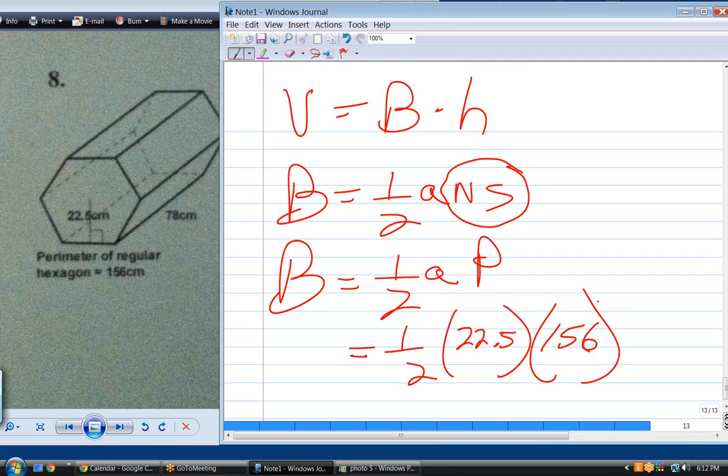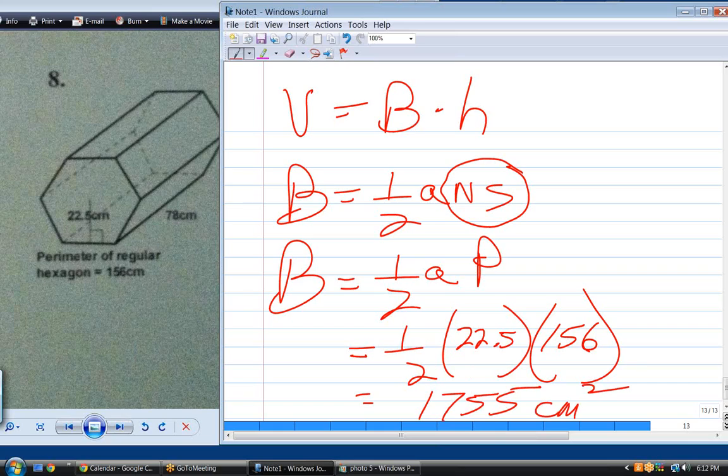So what is the area of the base? 1700 something? 1755. And that is in square centimeters. Okay?